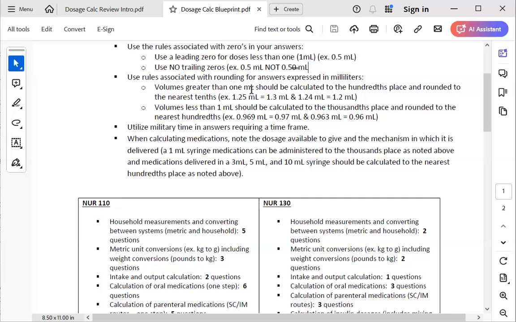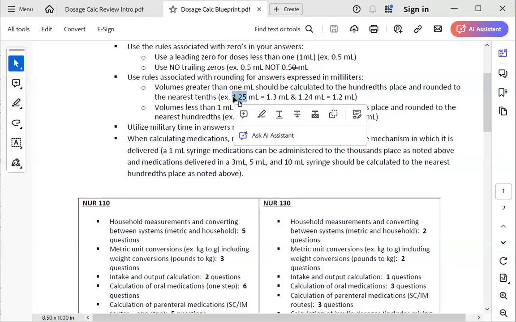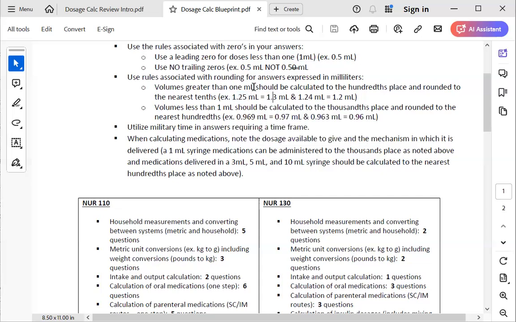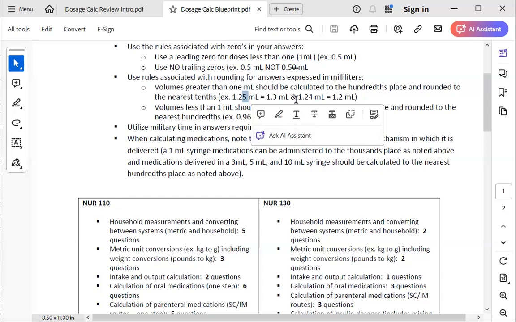But if you get something like an answer of 1.25 milliliters, the way that rounding works is, and forgive me if this is something you already know, it's not meant to insult your intelligence, but it's something that's commonly missed, so I should tell you. You're going to look at the 5.